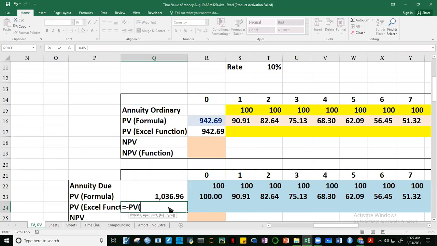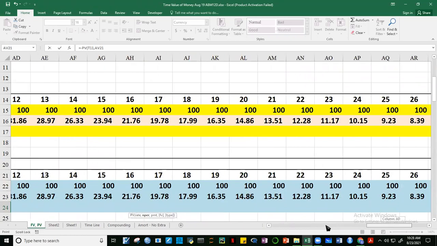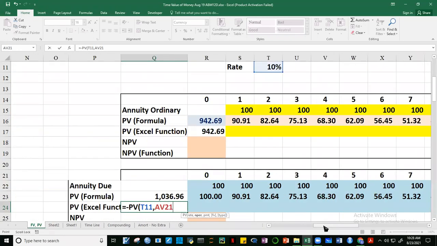So if we base it on the negative PV function, rate is 10%, comma, N per is 30 years din to, comma, PMT, ito na yung PMT gagamitin natin, no? PMT, as a PMT siya. And then, future value, wala. And then, this is annuity.